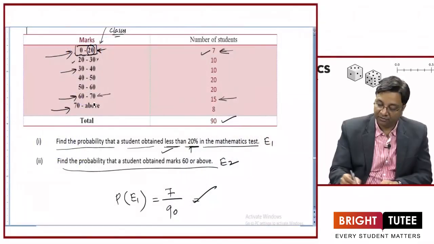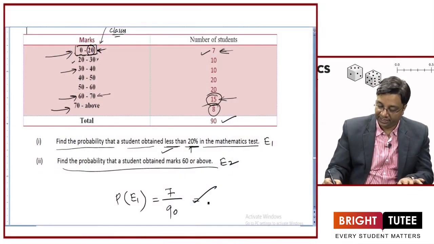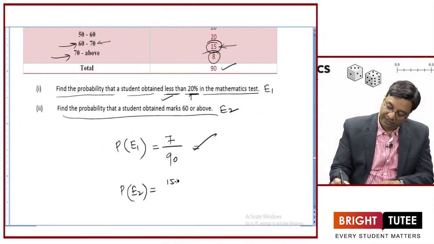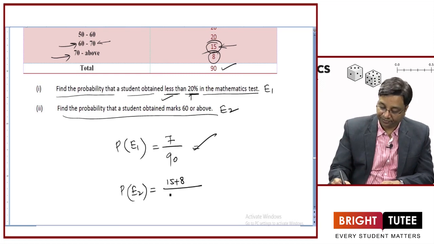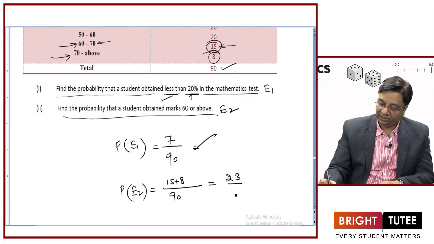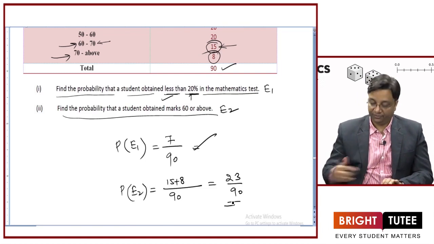So, 60 and above means these students and these students. So, 15 plus 8, 23 students obtained more than 60 marks. So, 15 plus 8 by 90, that is 23 by 90, is the probability that a student obtained marks 60 or above, right.